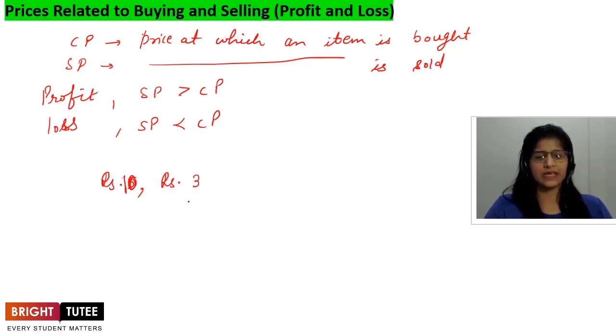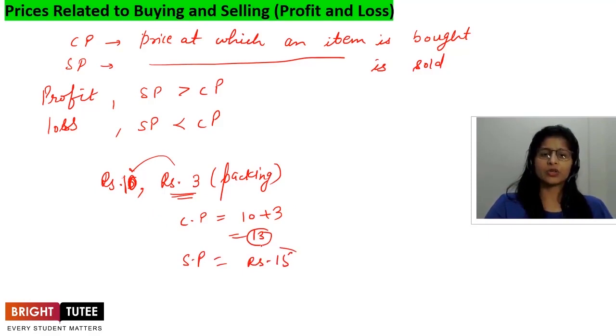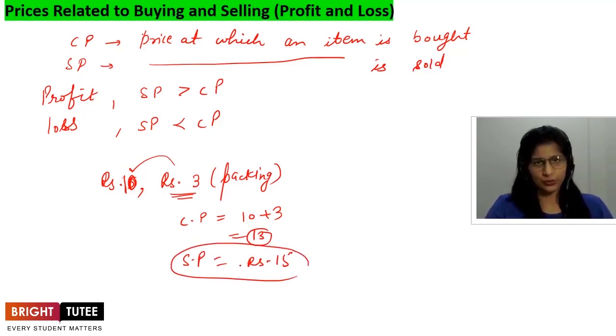This expenditure is also included in the cost price. So for me, the pen costs 10 plus 3, 13 rupees. And suppose I sell it for rupees 15. Because rupees 15 is greater than rupees 13, I am at a profit of rupees 2.